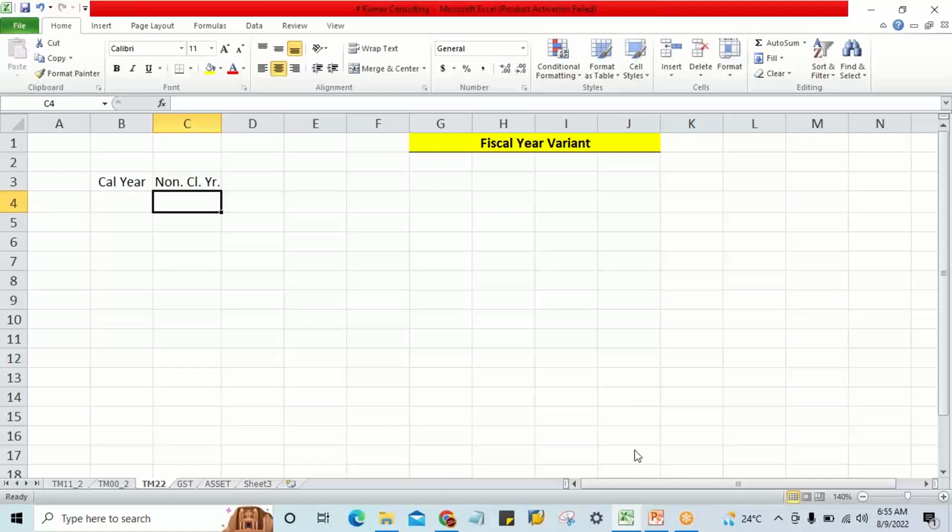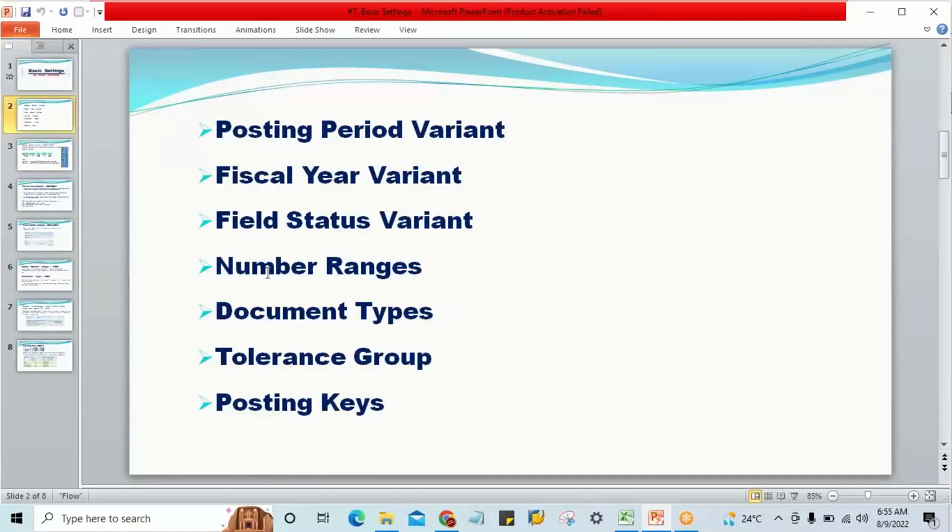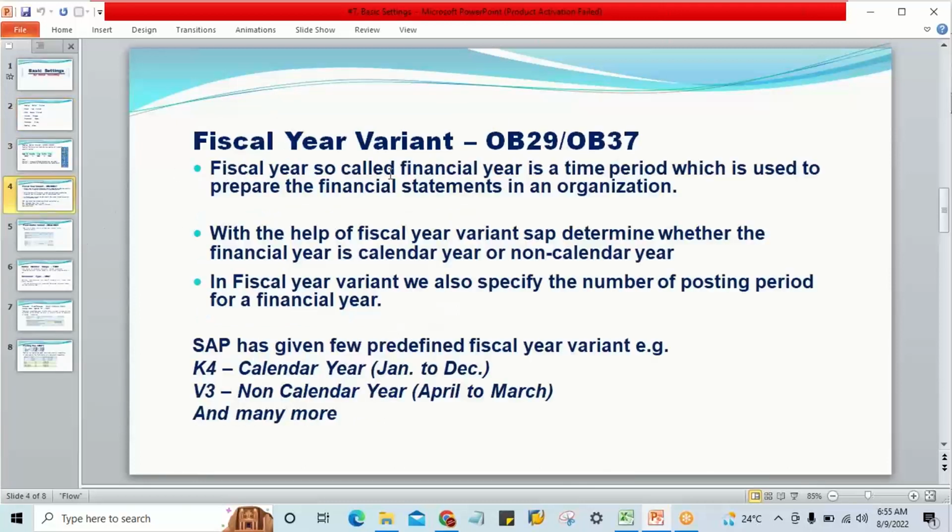So first of all, if you have a look at the definition, this is the posting period variant, and the fiscal year variant is going to be explained now. Fiscal year, the so-called financial year, fiscal year and financial year, both are the same, is a time period which is used to prepare the financial statement in an organization.